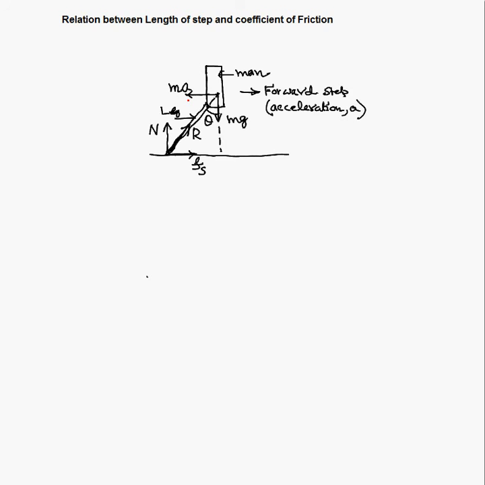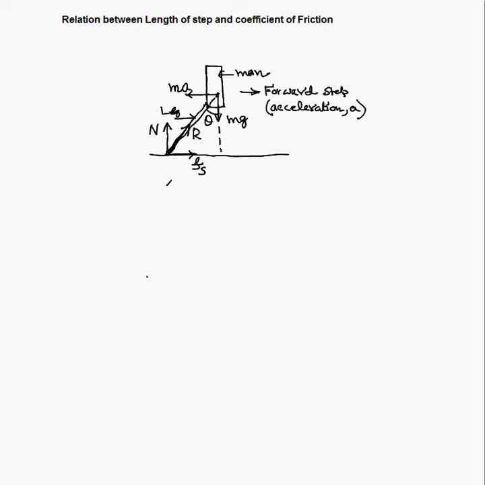As Ma and Mg pass through the center of mass of the man, the contact force R must be along the leg. The normal component of contact force R is N. The horizontal component of R is friction force Fs.